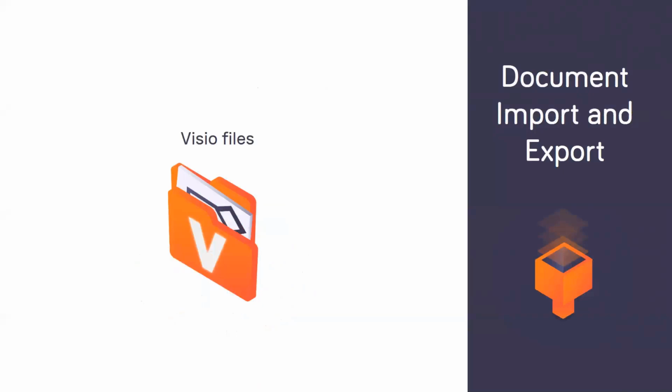We actually have been supporting VCO for quite a while, but only the ancient format of versions of VCO before 2013. So we are now adding support for the more modern VCO file format. And not only for direct VCO files, but also for VCO files embedded in Word documents or Excel workbooks.